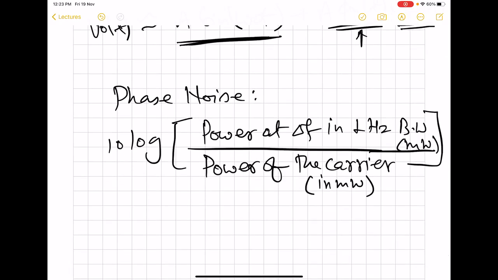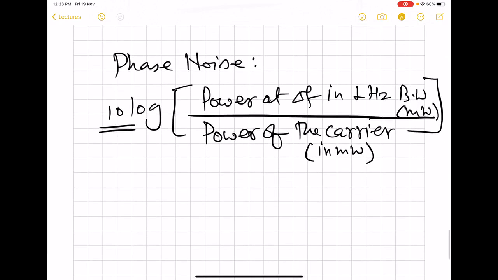So here we see that the power at offset is being normalized with respect to power of the carrier. And since we have taken this quantity in log, the unit is going to be dB.